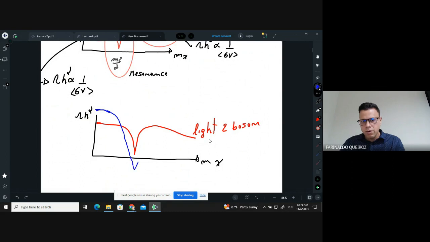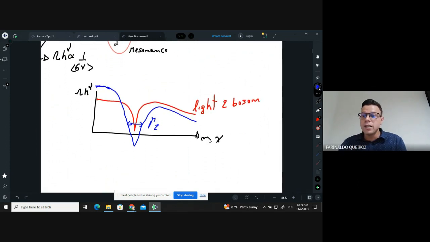But the only thing that will happen for sure is that it will be fatter. And this width has to do with the width of the Z boson, or whatever the mediator is mediating the interactions between the standard model and the dark sector. So everything is embedded in the width of the Z boson, or the mediator.